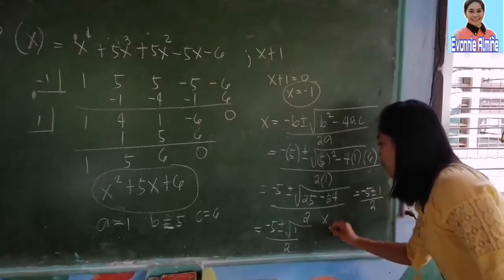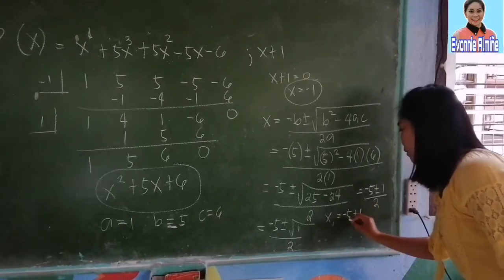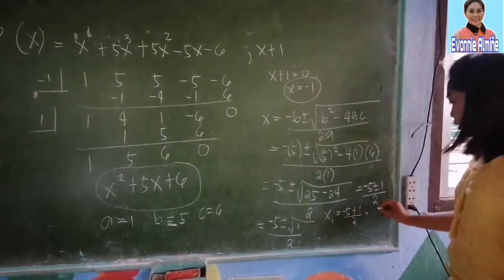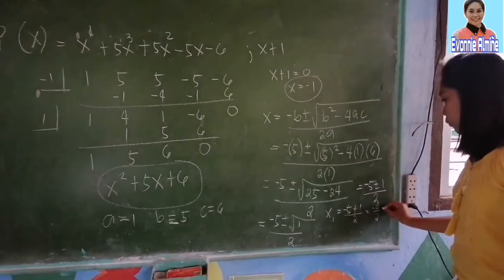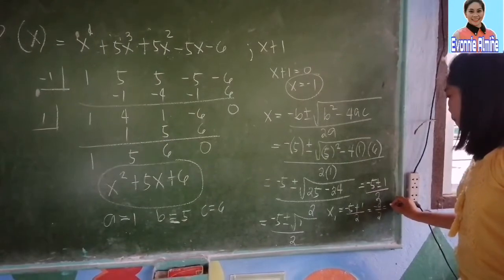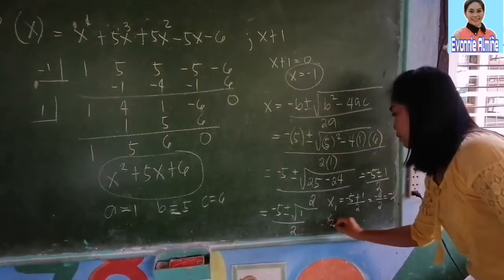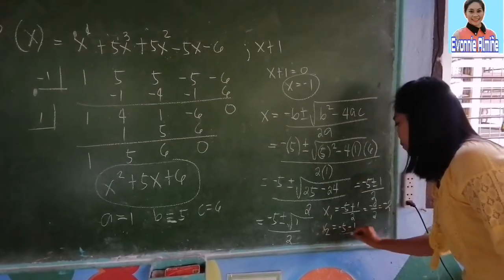Okay. So, x sub 1 natin is negative 5 plus 1 over 2. So, negative 5 plus 1, you have negative 4 over 2. Negative 4 divided by 2 is equal to negative 2. Then, x sub 2 natin, negative 5 minus 1 over 2.